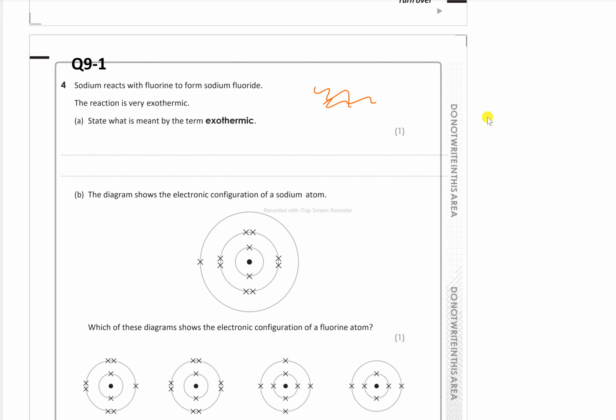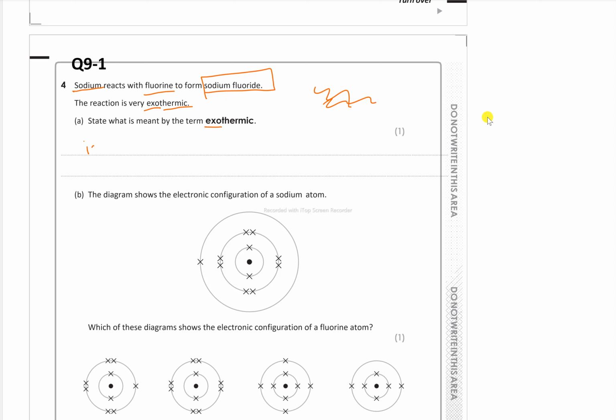Now we're carrying on this bonding worksheet. So we want to know: sodium reacts with fluorine to give sodium fluoride. The reaction is very exothermic. What is meant by the term exothermic? Right.